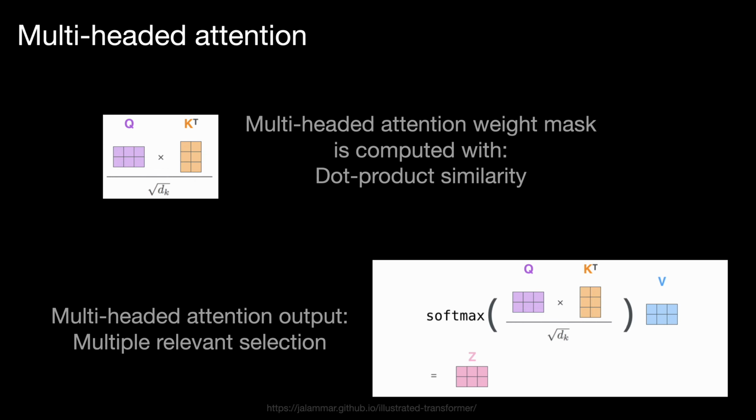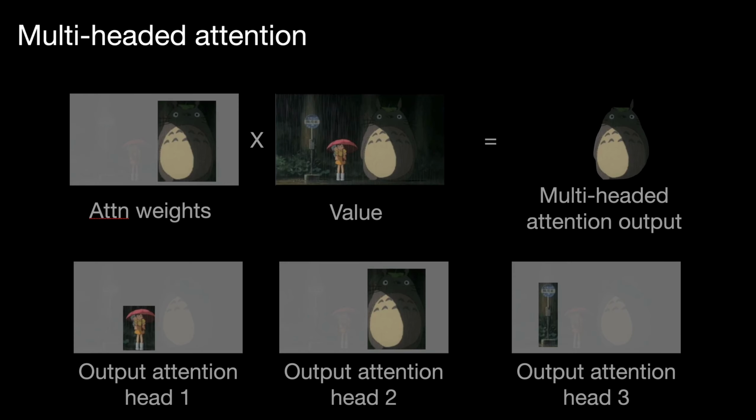And this can be a little bit abstract, so I found a way to represent it maybe visually. Once you have the attention weights, you'll have your input, which is an entire picture, for example, which contains lots of details, lots of characters or other objects in the scene.